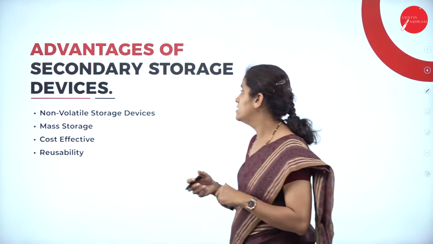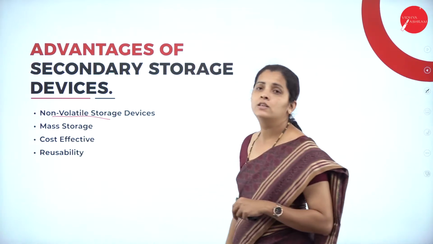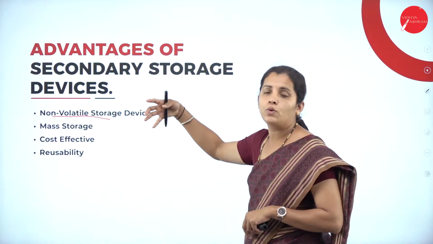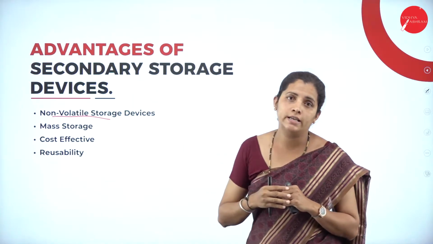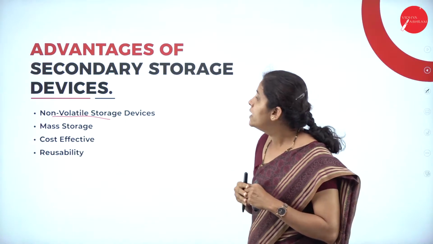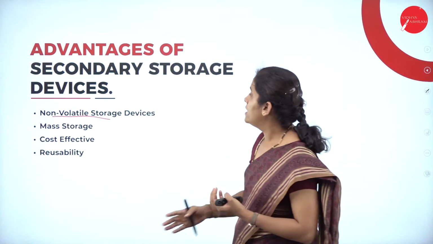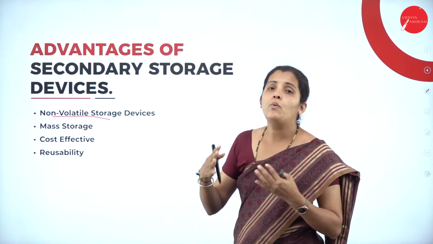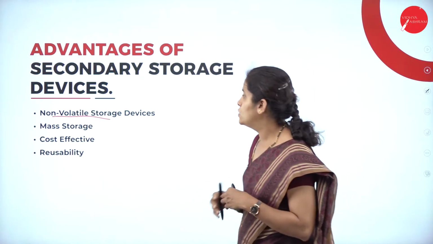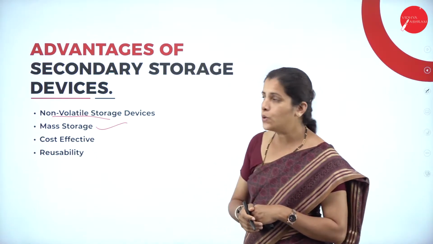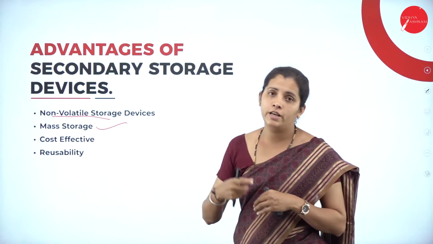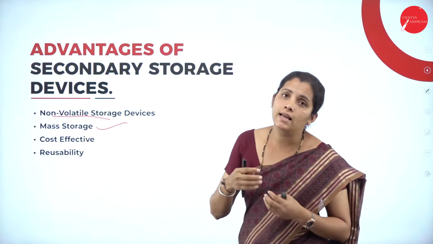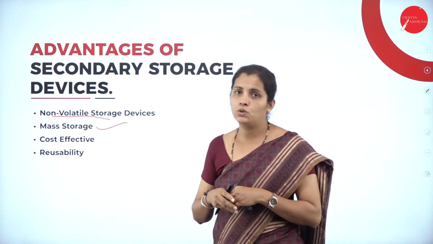The advantage is that it is a non-volatile storage device, used to store data permanently. The secondary storage device provides large storage space, so it is called mass storage. The cost required for secondary storage device is very low compared to primary storage device.